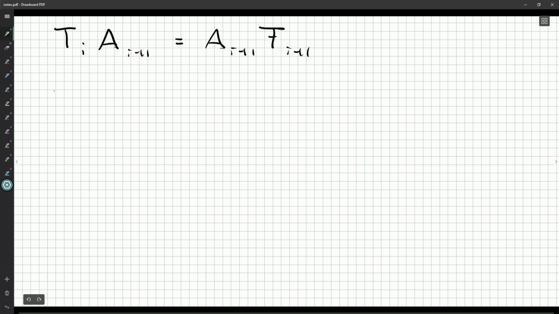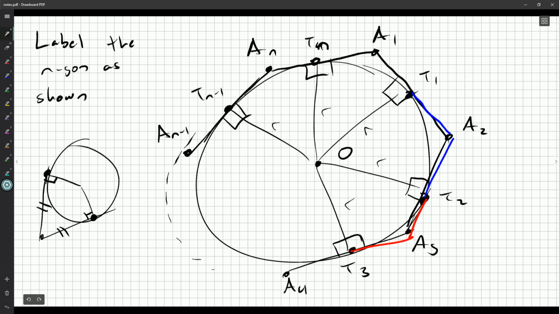And you might also want to say so for all i, and then Tn minus 1 to An is the same as An to Tn. Tn to A1 is A1 to T1. There we go. And that would be this one here is this length here.